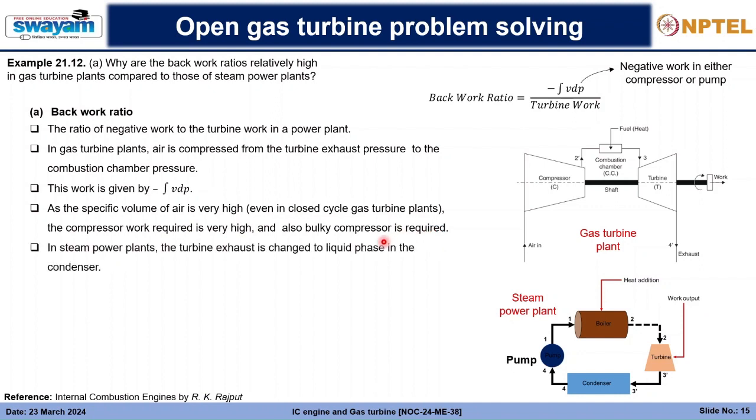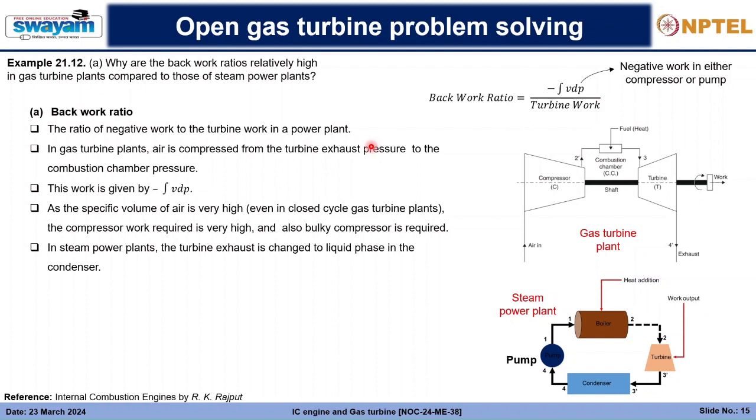So that's the case, but in the steam power plants, the pump is responsible for pumping the water to a higher pressure. So the fluid passing through the pump is basically liquid, and for liquid, we know that the specific volume is less.